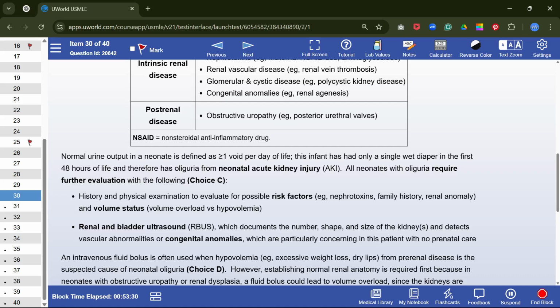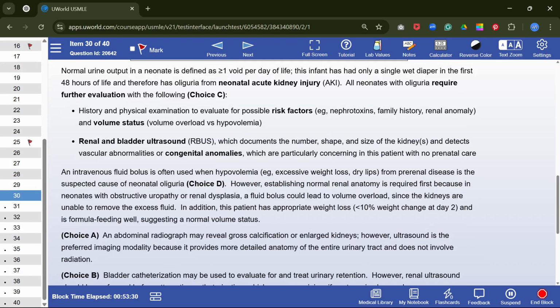All neonates with oliguria require further evaluation with history and physical examination to evaluate for possible risk factors: nephrotoxin, family history, renal anomaly, and volume status, volume overload versus hypovolemia. Renal and bladder ultrasound documents the number, shape, size of the kidneys and detects vascular abnormality or congenital anomalies, which are particularly concerning in patients with no prenatal care.